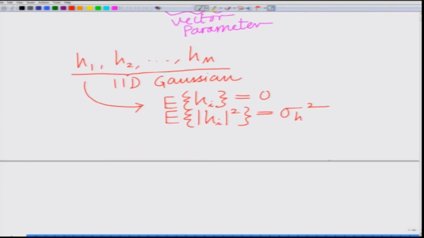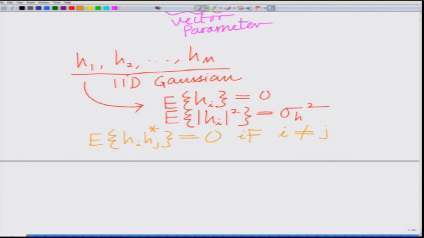Further, they are independent, which means the expected value of Hi into Hj conjugate, if they are complex, equals 0 if i is not equal to j.